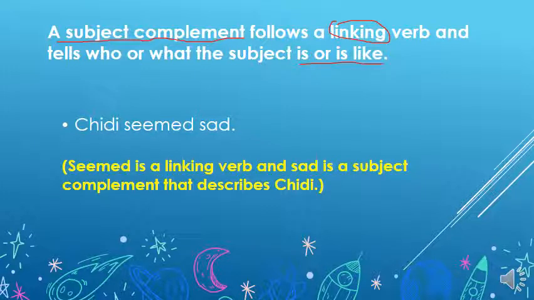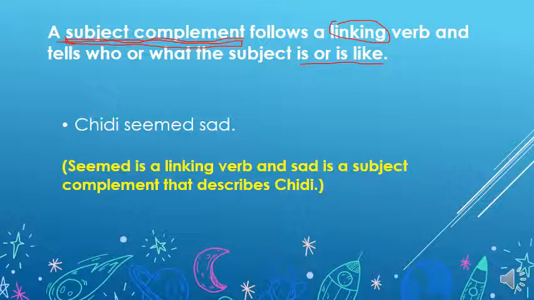Who or what the subject is. So we are describing or talking about the subject. We call this a subject complement. Of course, we cannot call it an object because the verb is not an action verb, it's a linking verb. So after the linking verb, we have something that is describing the subject or is about the subject.